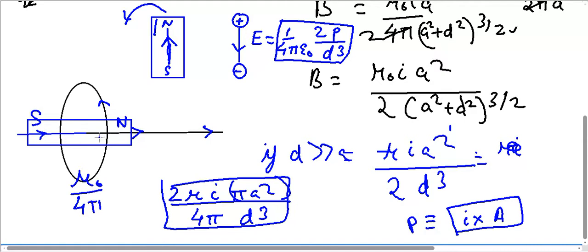Also, you can convince yourself that this acts as a dipole by comparing the equation of a dipole from electric dipoles and noticing that they are almost similar if I consider D very much greater than A. So this is one important point to remember, that a circular current carrying loop acts as a magnetic dipole because at the axis the magnetic field goes in a straight line.